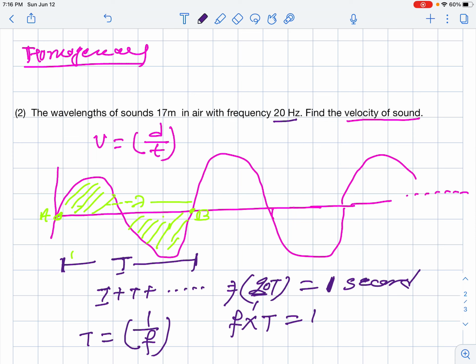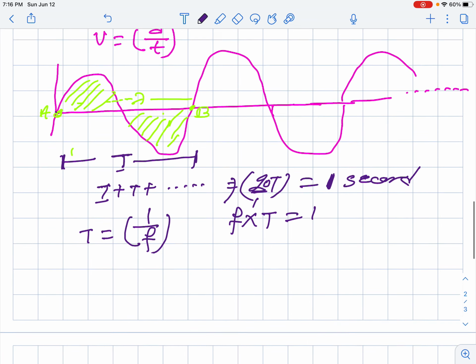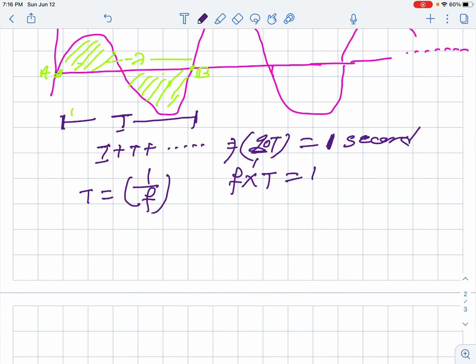We know the time t using the frequency, and we also know the distance, the wavelength. The wavelength is given here, 17 meters, from A to B. So what is the solution here? Distance equals 17 meters. At the same time, t equals 1 over 20.